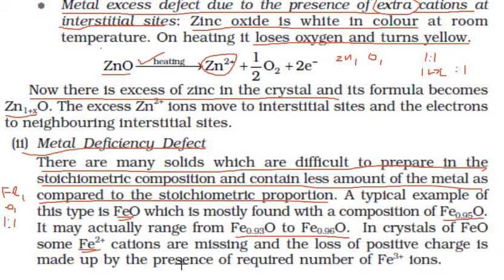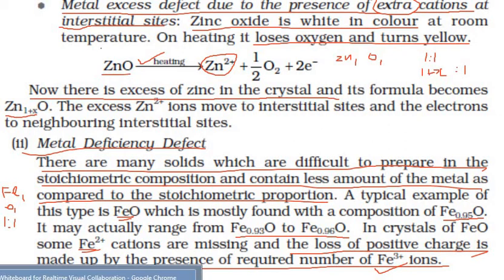Some Fe plus 2 ions are missing, and the loss of positive charge is made up by the presence of Fe plus 3 ions. That means if you have fewer Fe plus 2 ions, it is accompanied by Fe plus 3 ions. Again, this also disturbs the stoichiometry of your crystal.